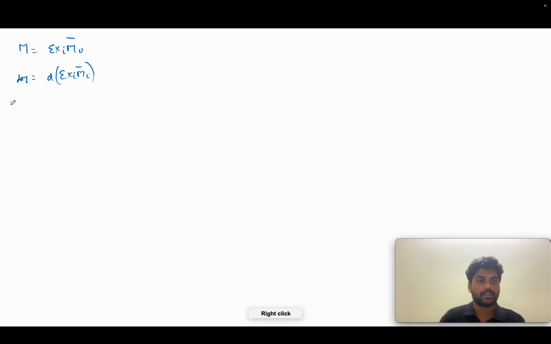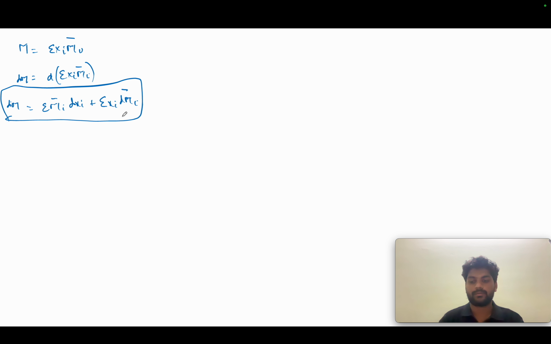It is nothing but dm equal to, if I take sigma out, d of, so now if I apply the chain rule, okay, so this is the equation.